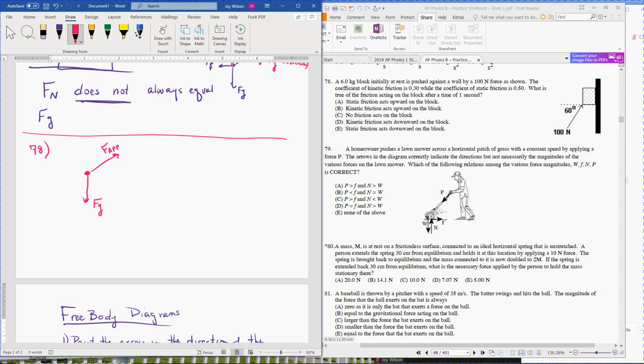Well, what we need to consider here is which way would friction act in this case? Since there's a force going up the plane and there's gravity down, we have to ask ourselves, does the block move up? Which way does the block move?